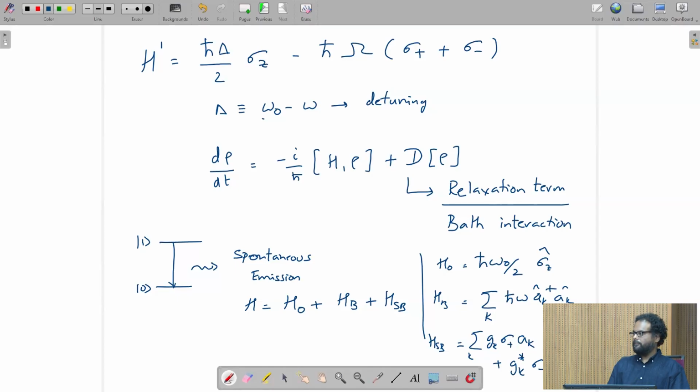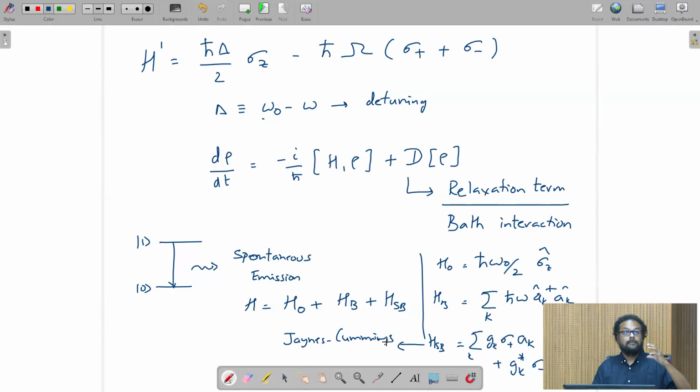That's your system bath coupling. So this kind of Hamiltonian is widely known as the Jaynes-Cummings Hamiltonian, or Jaynes-Cummings-like interaction between system and bath.